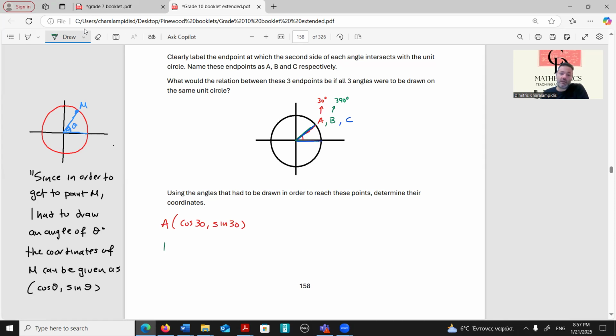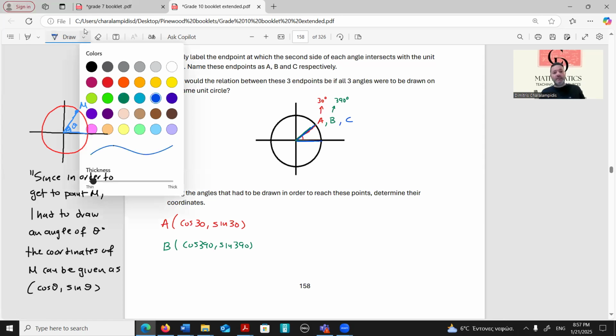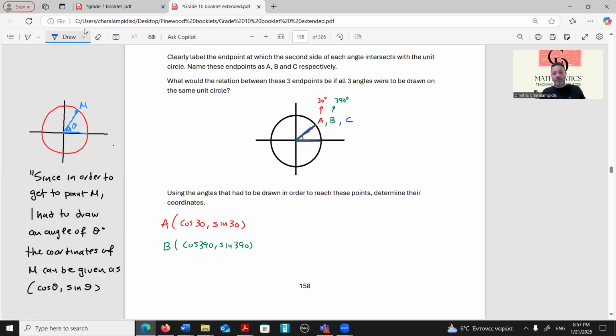Since in order to get to point B, I had to draw an angle of 390 degrees, then the coordinates of B can be written as cosine 390, comma, sine 390. Finally, since in order to get to point C, I had to draw an angle of 750 degrees, the coordinates of C can be written as cosine 750 and sine 750.